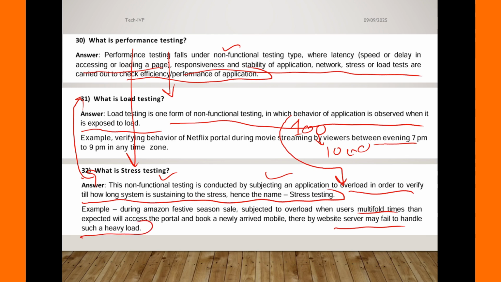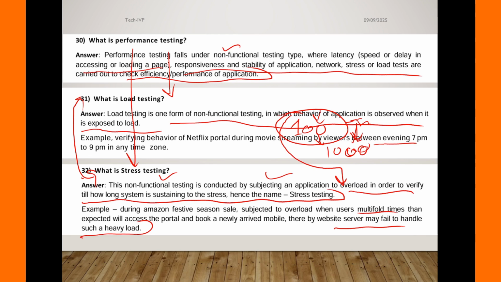Suppose now we are in the Diwali season, and some company, Samsung or Vivo, launches a new mobile in the market. Regularly 100 users use the Amazon web application, but on a specific day 1000 users are coming. How much your system is capable of handling this is called stress testing.